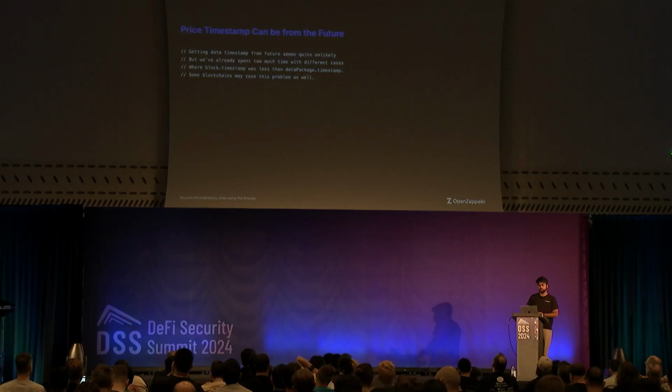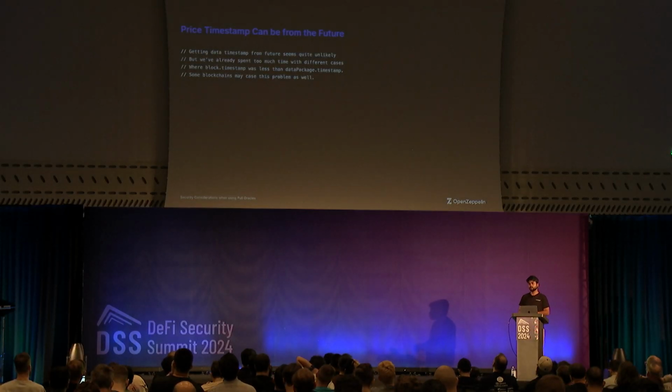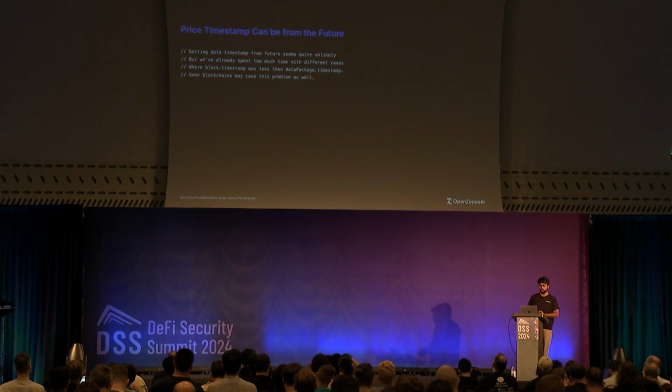All right, so things to keep in mind. When you're using pull oracles, they are updated very frequently, sometimes multiple times a second. So one problem could be that the timestamp of the price update can be from the future. So it could be greater than the block.timestamp.